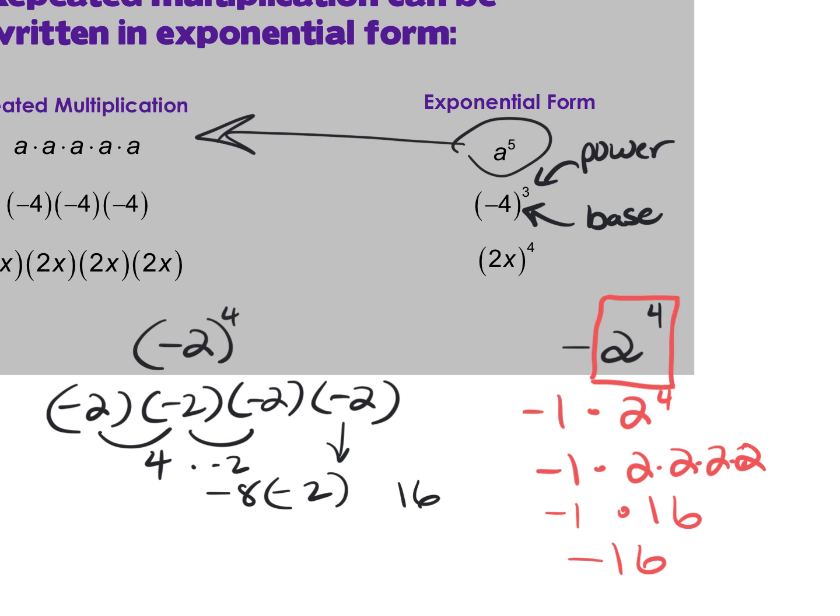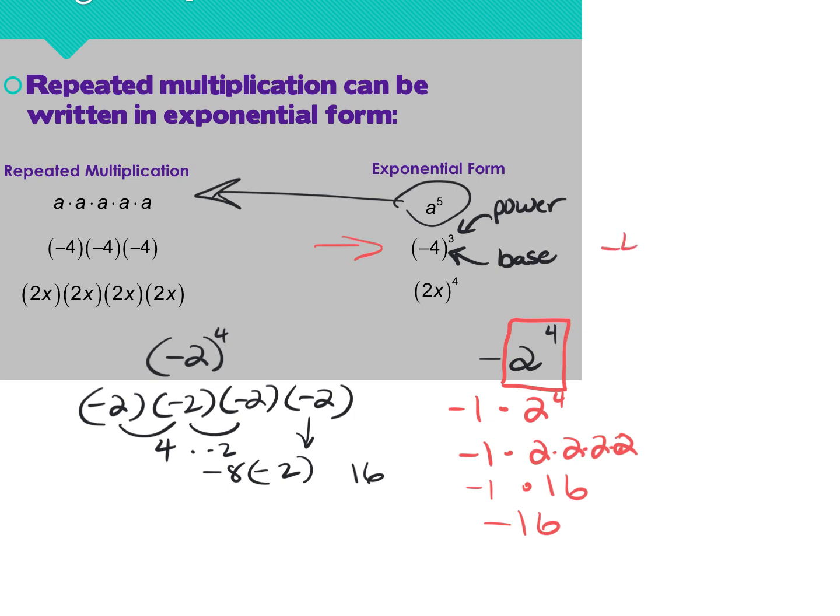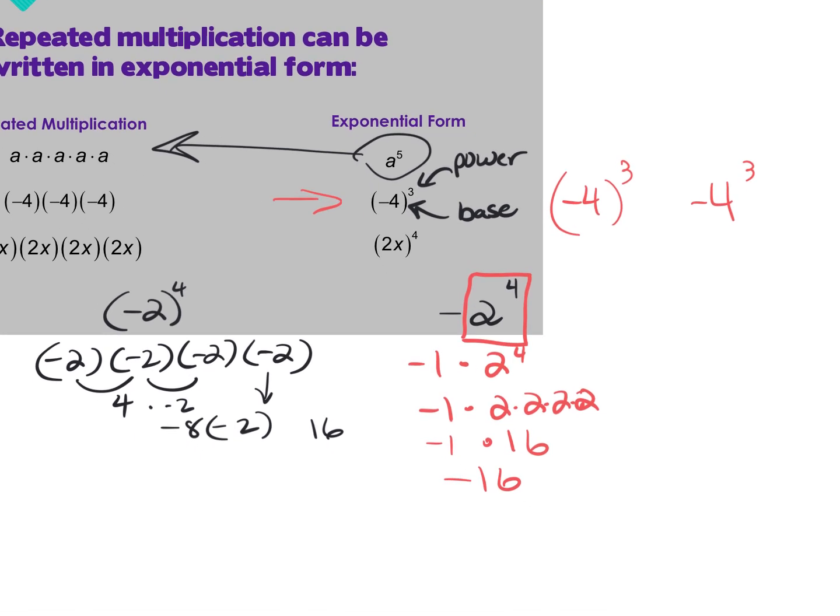If it's raised to an odd power, it's still going to be a negative number. So for example, on this one, the negative 4 to the 3rd power, whether it's in parentheses or not, when the power is odd, it's still going to be negative because this means negative 4, negative 4, negative 4. If you multiply the first two, it turns positive 16.